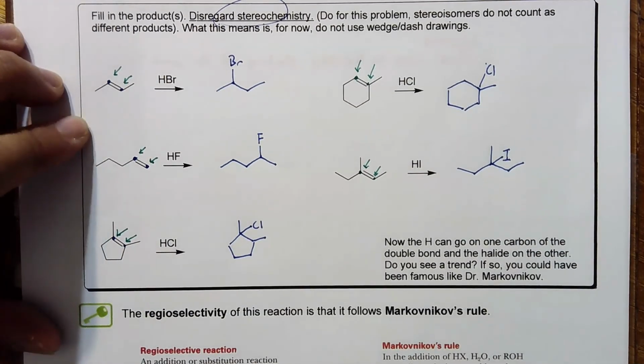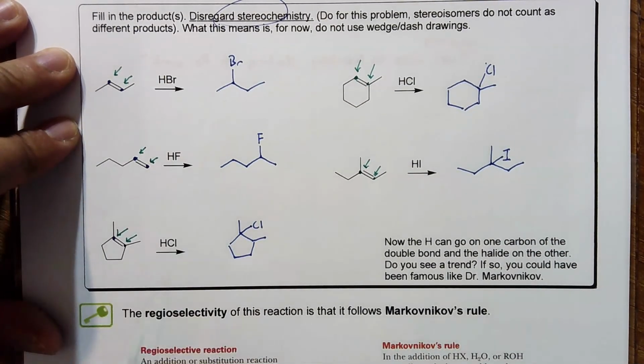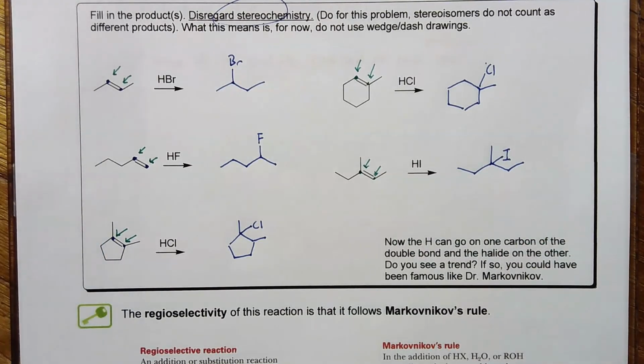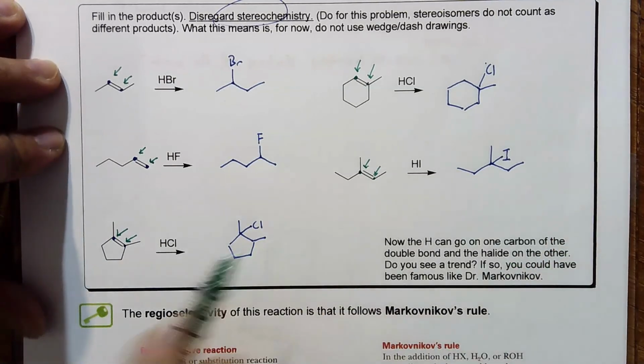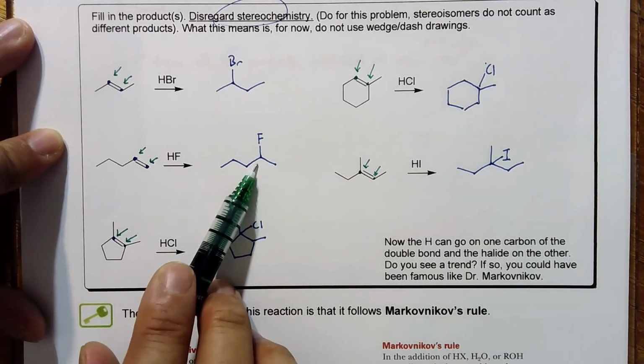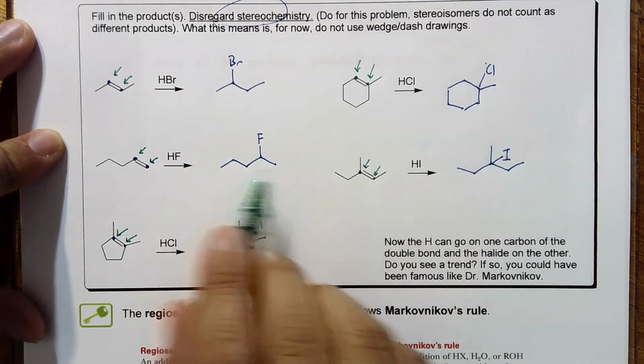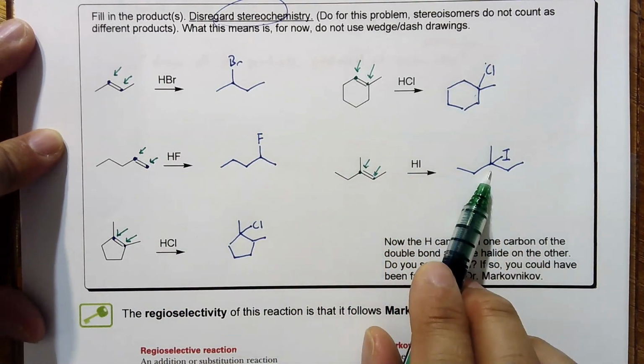But other people, when they see this pattern, you see what else you can say about where the halide goes? Where does the halide go? The halide goes on the more substituted carbon. So that's another trick. There, more substituted. There, more substituted. There, more substituted.